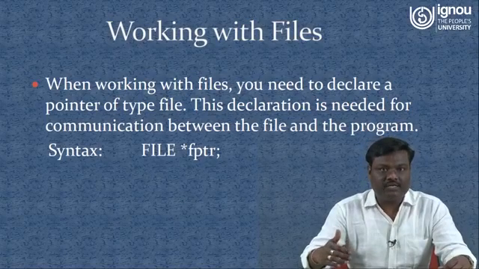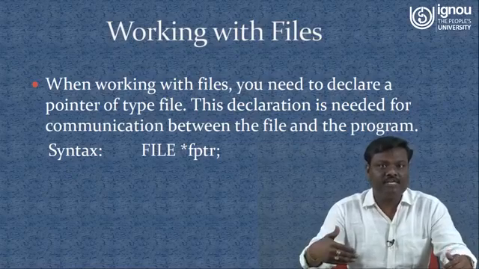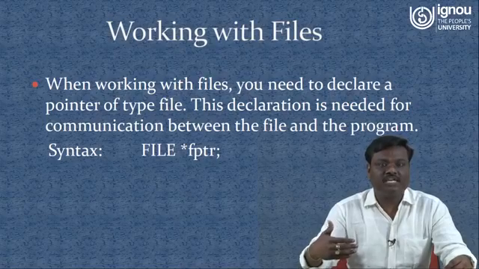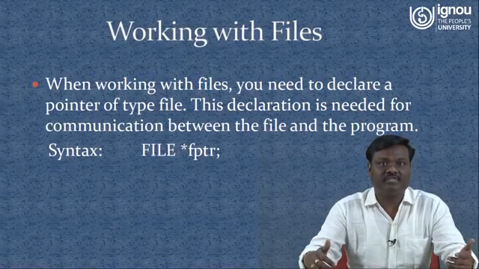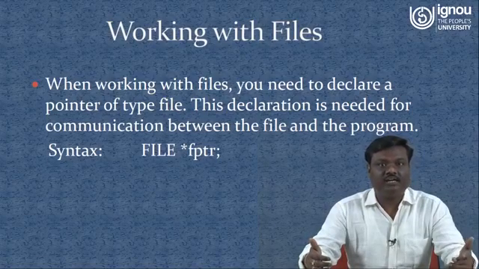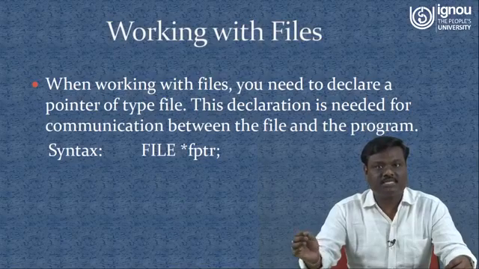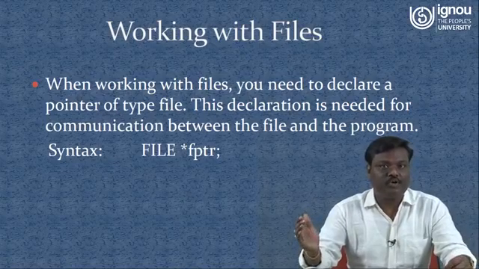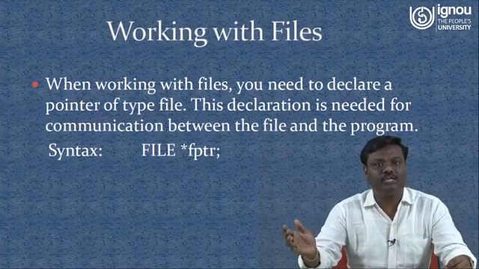As and when you require many files to work with, all those need to have a file pointer. Suppose you want to work with three files, then you declare three file pointer variables: FILE star f1, comma, star f2, comma, star f3. F1 pointing to the first file, F2 pointing to the second, and F3 pointing to the third.